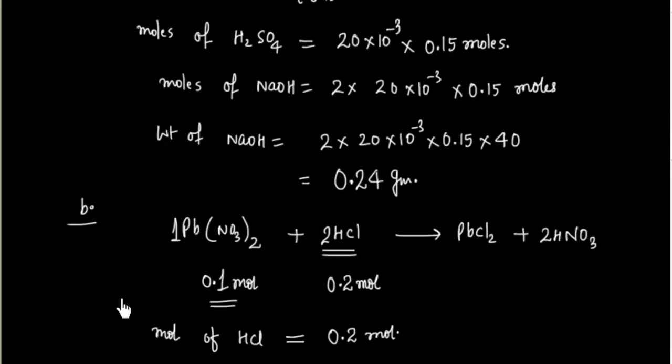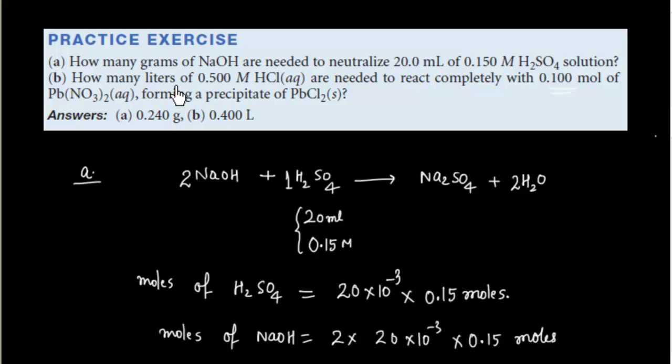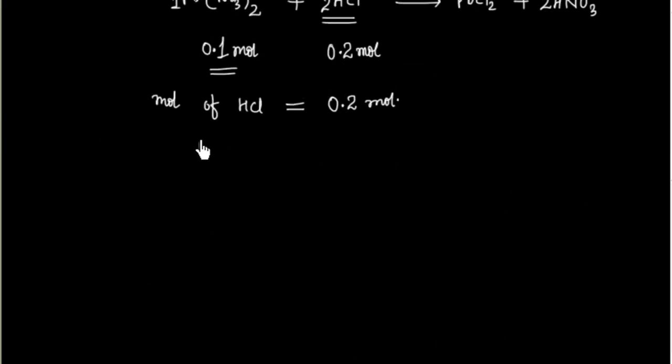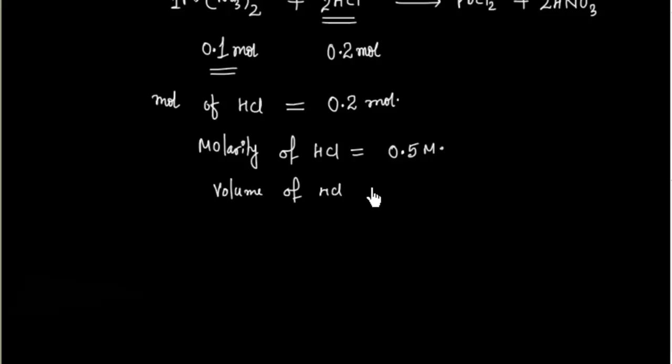Once I know the moles of HCl, we can calculate the volume because the molarity of HCl is given as 0.5 M. Let us say the volume of HCl used is V liters.